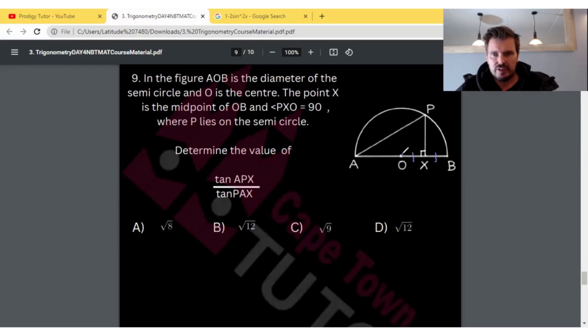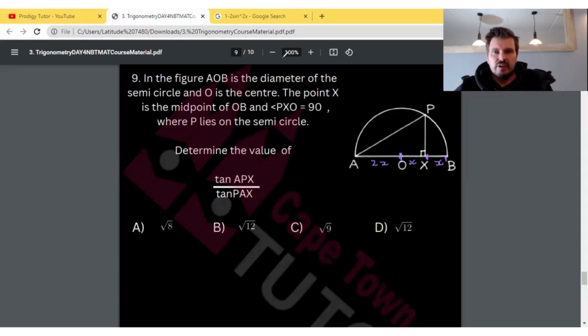Of course, you also know that AO is equal to OB. So if this was 2x, and I was to do a midpoint there, we could divide this up into 4 different parts. This could be x, this could be x, and then this would be 2x here.